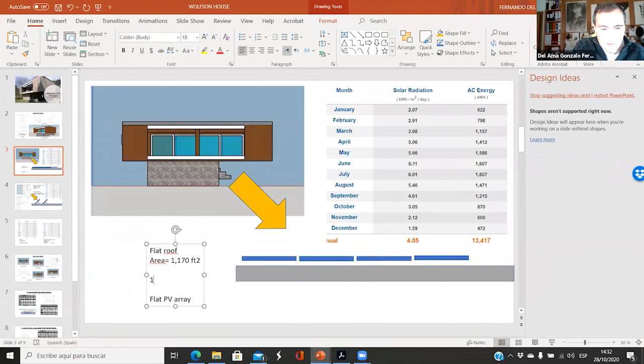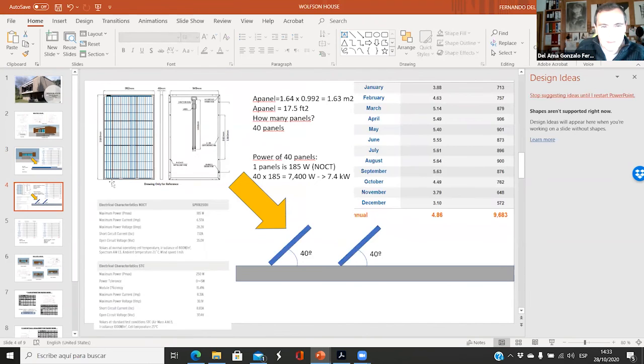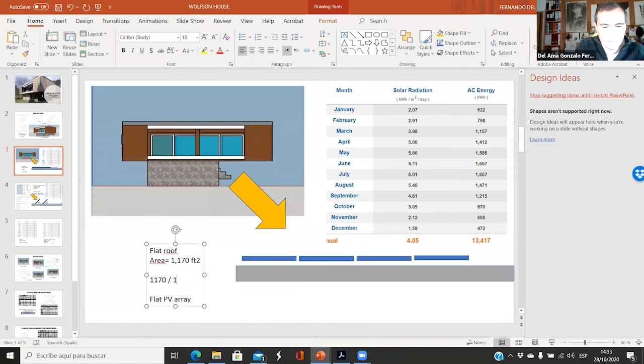So it was 1,170 divided by the area of one panel, which was 17, I think. Yeah, 17.5. So 1,170 divided by 17.5. Okay, so it was 67 panels.